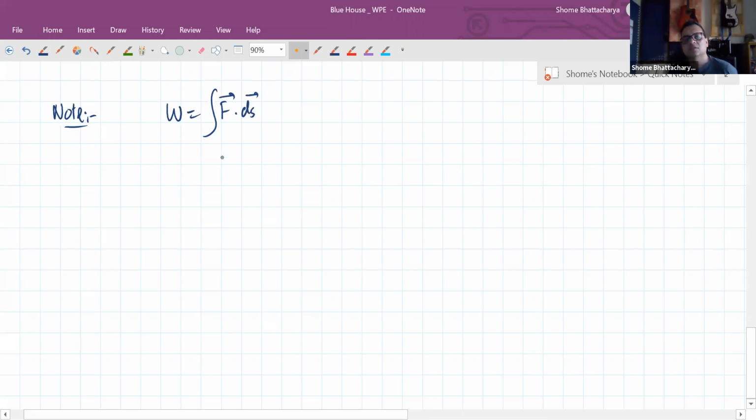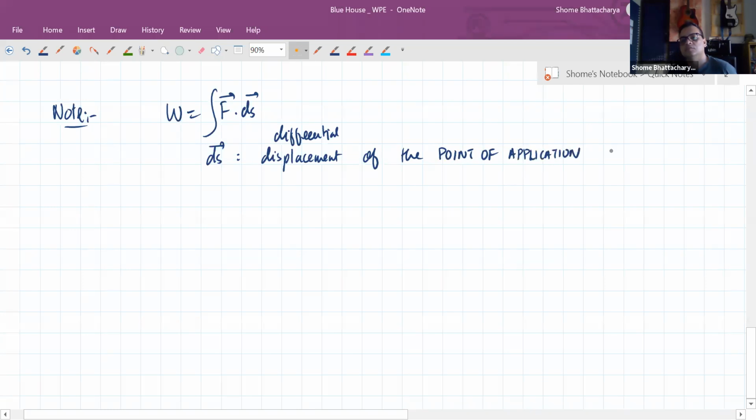One important thing here is that ds is the displacement, or in this case the differential displacement, of the point of application of the force. The displacement of the point at which we are applying the force is ds.